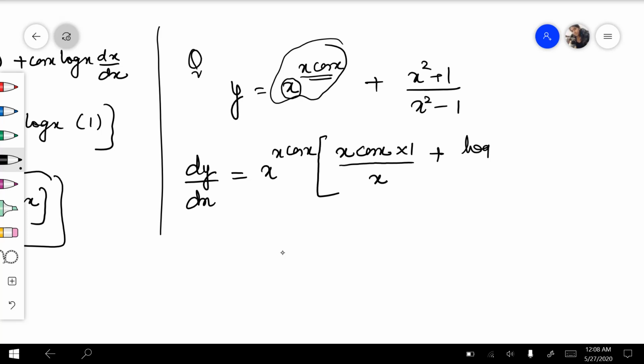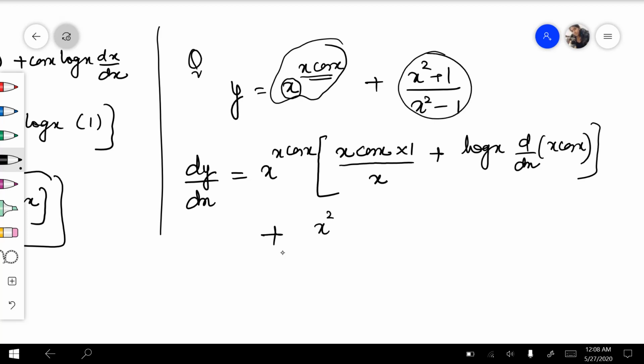Log of base is log of x into d by dx of x cos of x. ये bracket close. Plus as it is x square plus 1 upon x square minus 1.